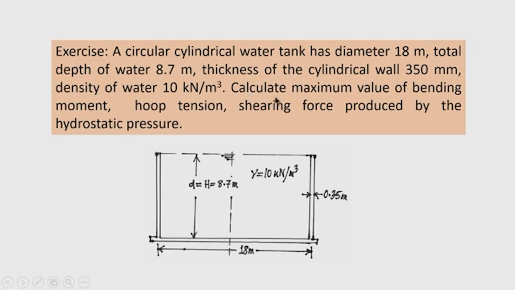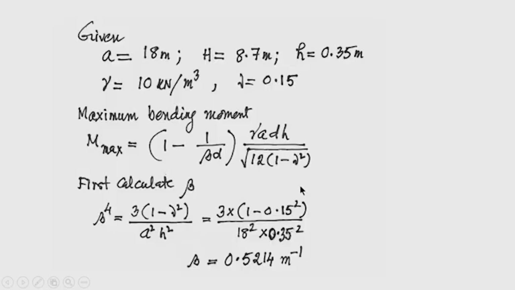We have to calculate the maximum value of the bending moment, hoop tension and, of course, shearing force produced by hydrostatic pressure. Now, let us see this tank. The diameter of the tank is 18 meter, the height of the water is 8.7 meter, density of the water is 10 kilonewton per meter cube and thickness of the wall is 0.35 meter.